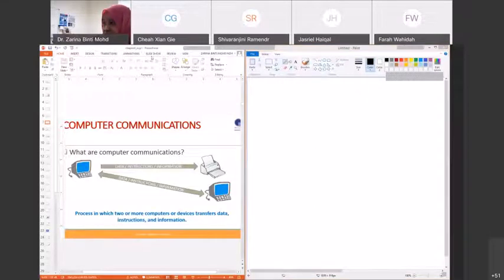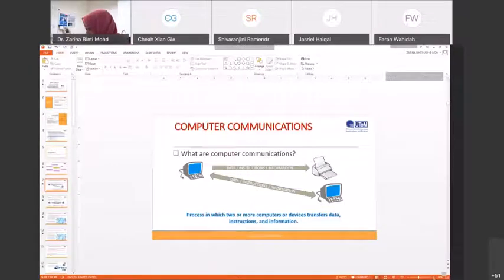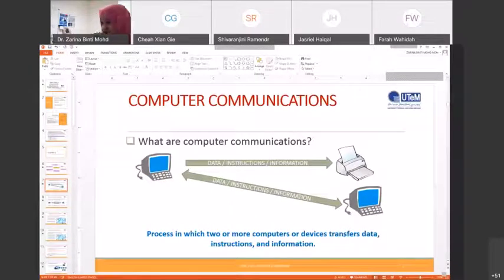So that's it for the first slide on computer communication. Let us recall: computer communication is a process in which two or more computers or devices transfer data, instructions, and information.